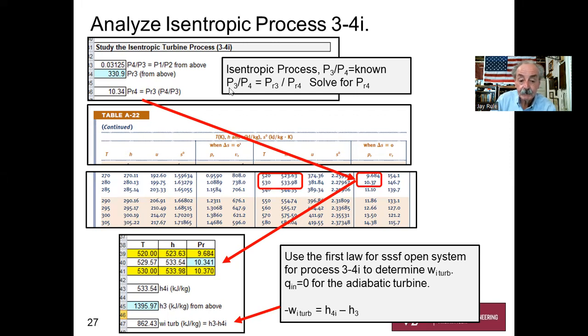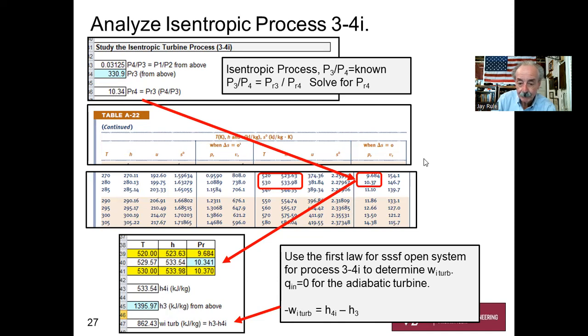Isentropic process, P3 over P4 equals PR3 over PR4 using variable specific heat. So we'll solve for PR4, okay? P4 over P3 is 1 over 32. So PR4 is 10.34.